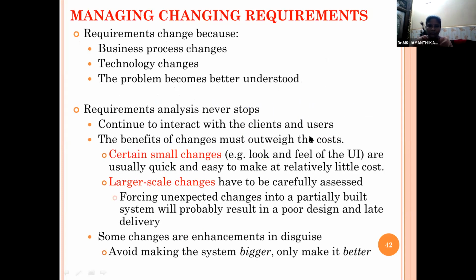The requirements document requires change because business processes change, technology changes, and the problem becomes better understood. While doing the project itself, a new technology may come, the needs of the end user may change, or the policies may change. According to that, we need to make the changes.